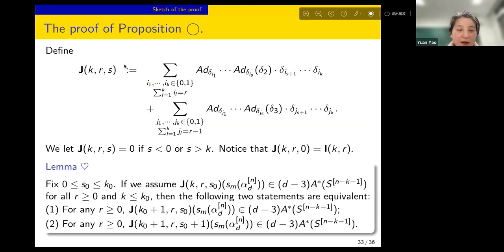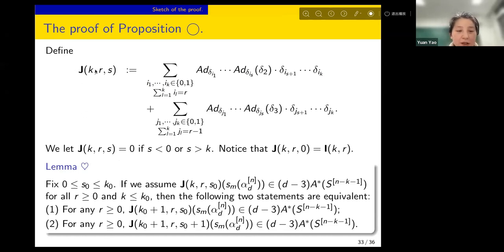Once you put this operator on any integral class for this alpha_d_n, you get something in the Chow ring, in the multiple d minus 3. So the lemma just says some equivalent statements, but what we prove is this.